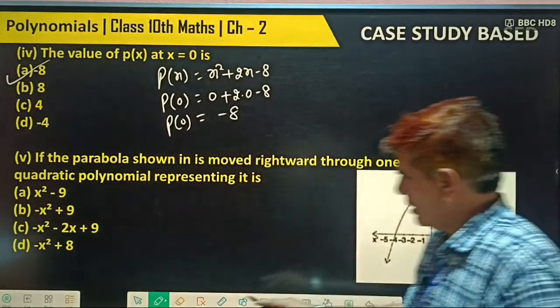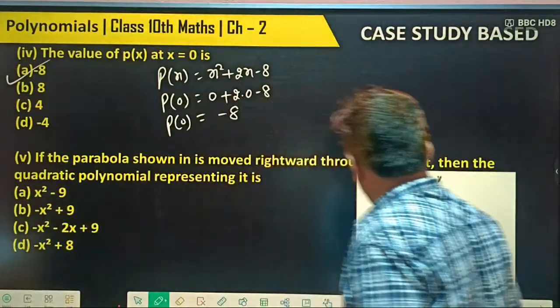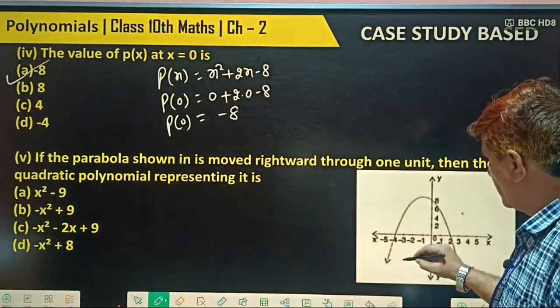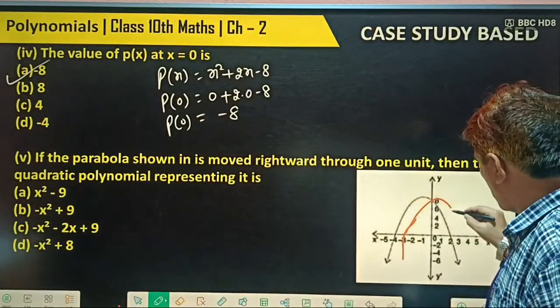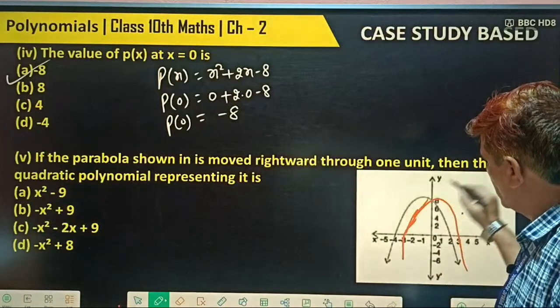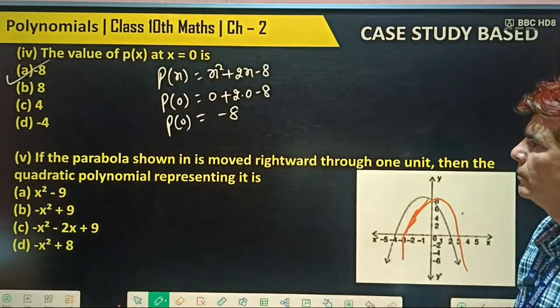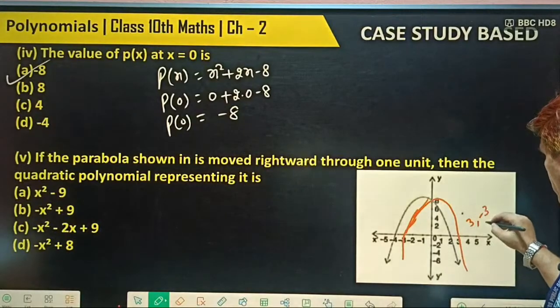If the parabola shown is moved rightward through 1 unit, so it's moving rightward in this direction, this parabola becomes this type of shape. Exactly like this. So what are its zeros? 3 and -3 are its zeros.